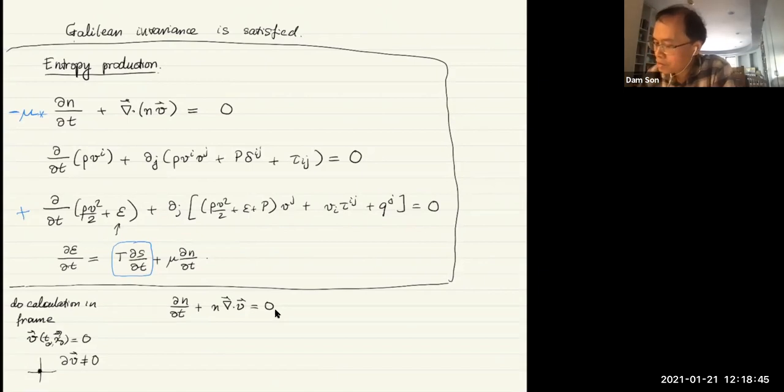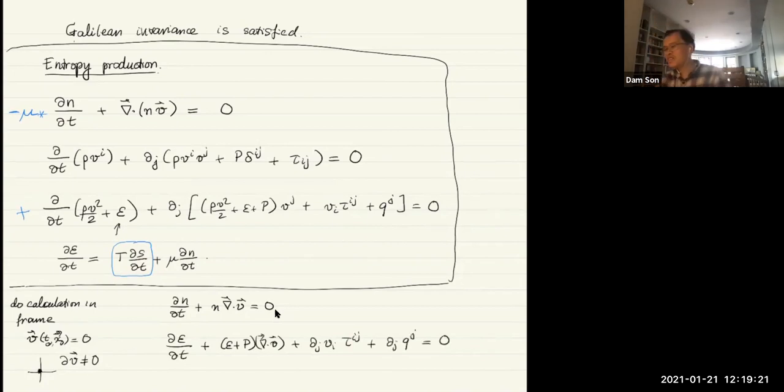The third equation looks something like this: d epsilon over dt, because a derivative acting on one of the v squared kills only one v and the other v gives 0. Then plus epsilon plus p times grad v, plus d_j of v_i tau_ij plus d_j q_j equals 0.